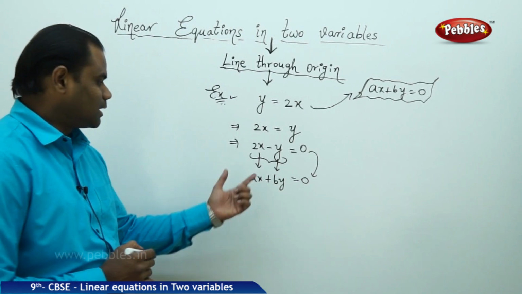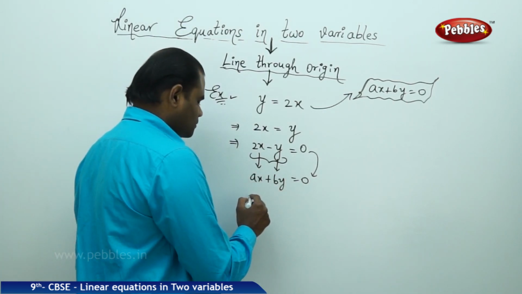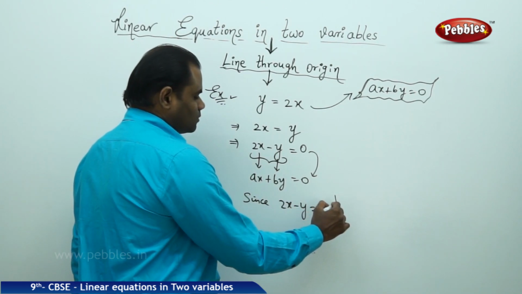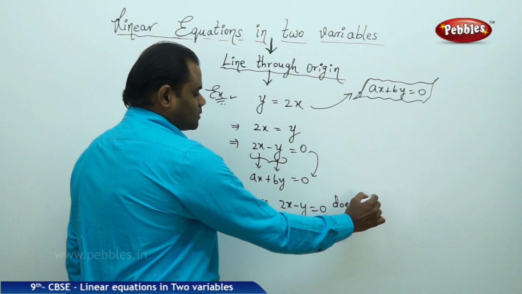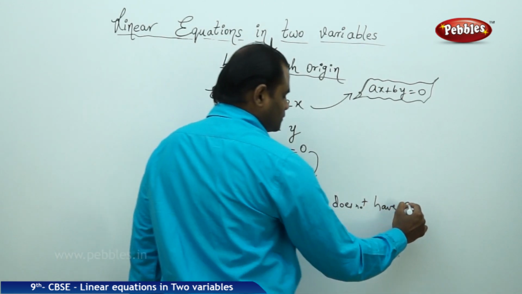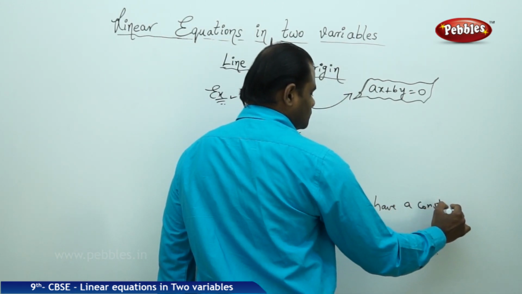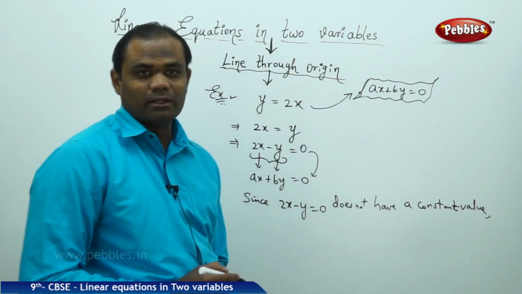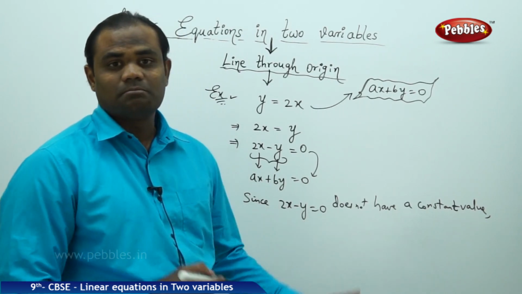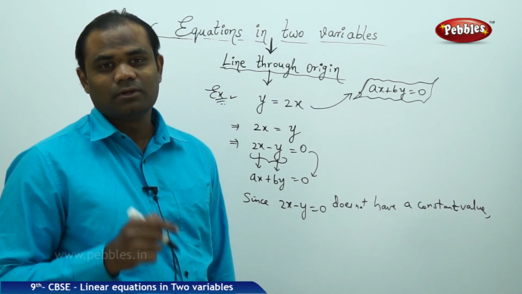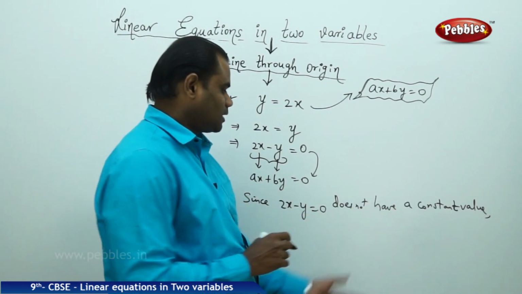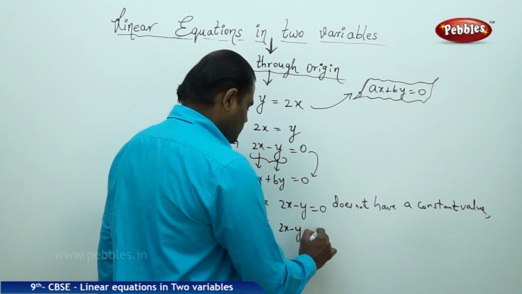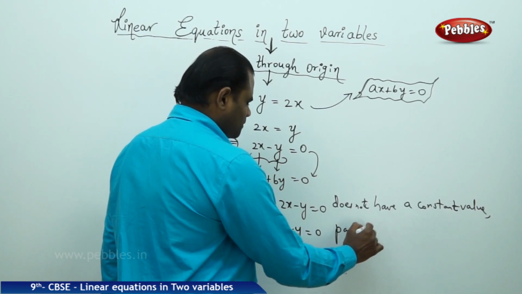which says that since the constant value is 0, since 2x minus y equal to 0 does not have a constant value, therefore this must pass through origin, is how we conclude.